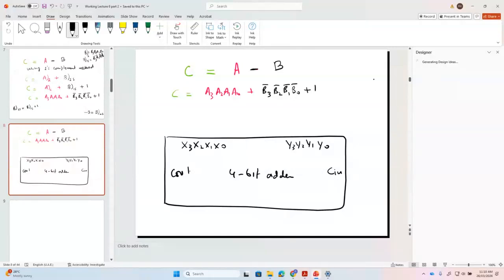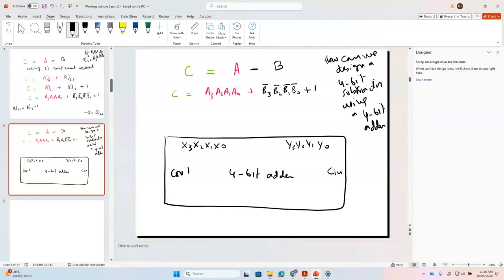So now this is our objective: how can we design a 4-bit subtractor using a 4-bit adder? Got it?